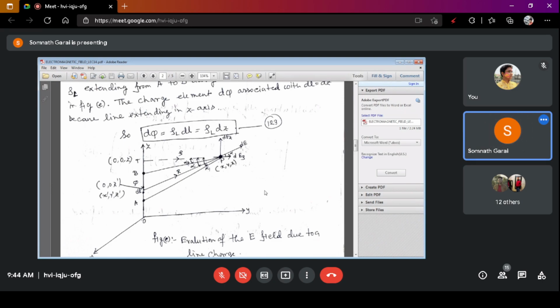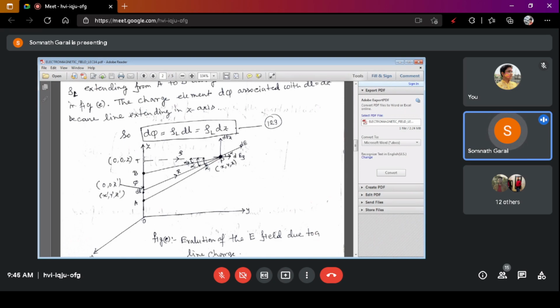Now there is a point P, an arbitrary point, whose coordinates are x, y, and z, and there is a line charge A to B. So we have to calculate the electric field intensity at that point P with respect to this line charge. Now the point P has coordinates 0, 0, z, because it is from the origin.